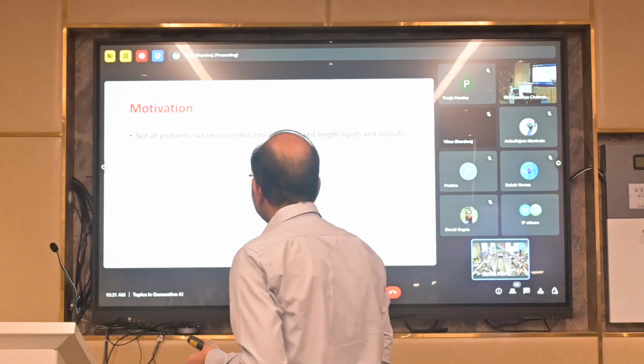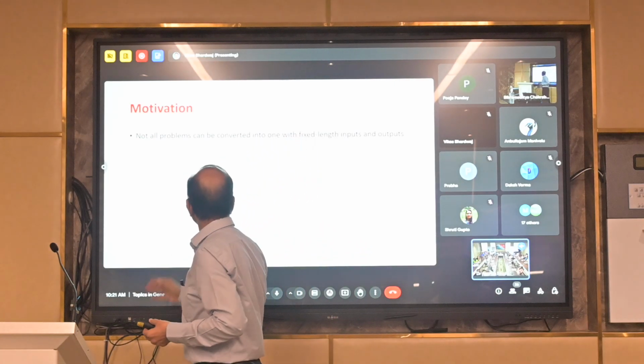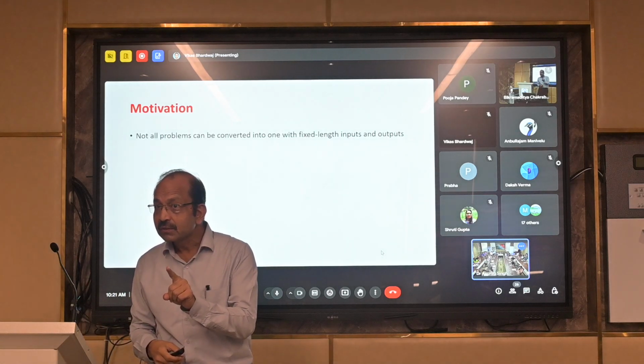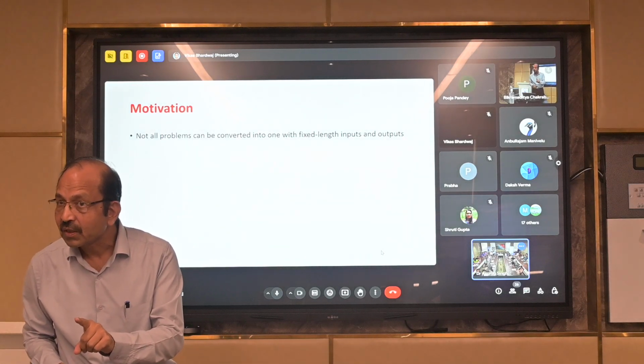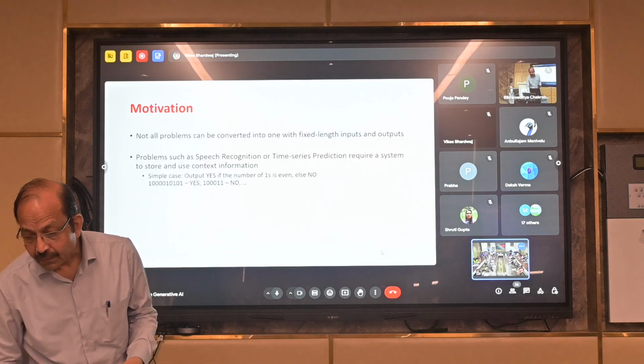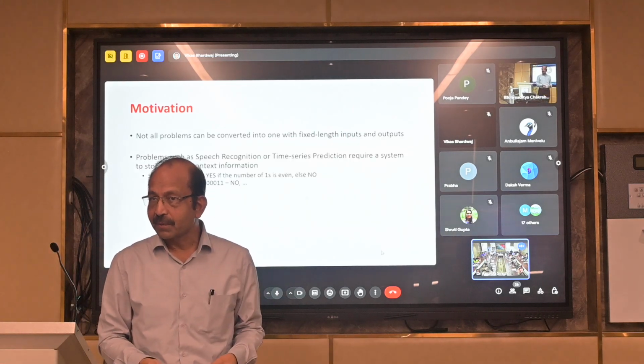So I am saying not all problems can be converted into ones with fixed length inputs or fixed length outputs. When you have such a problem, let us take one simple problem.